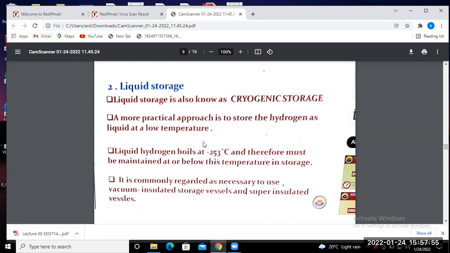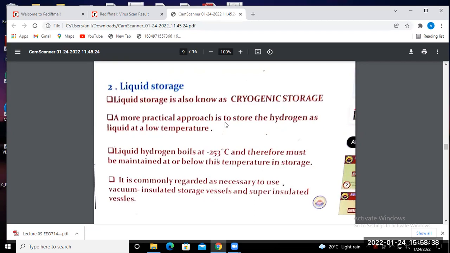Once the temperature is exceeded, the hydrogen starts to boil and forms gas. So in the form of liquid, you have to maintain this temperature. If it reaches minus 230 degrees, at this point the liquid hydrogen starts to boil.